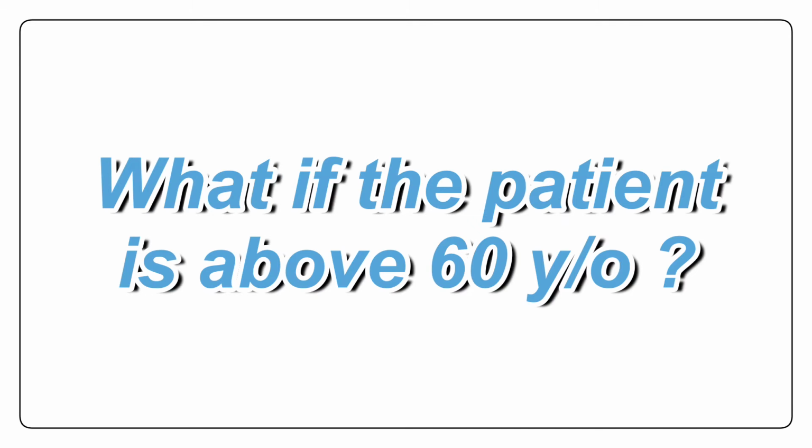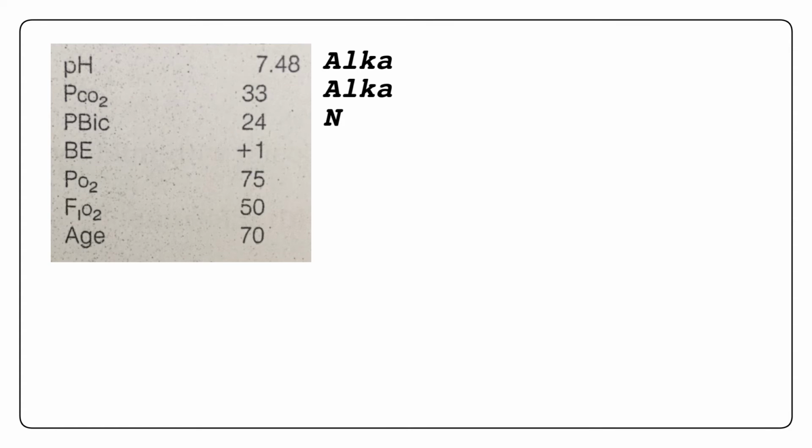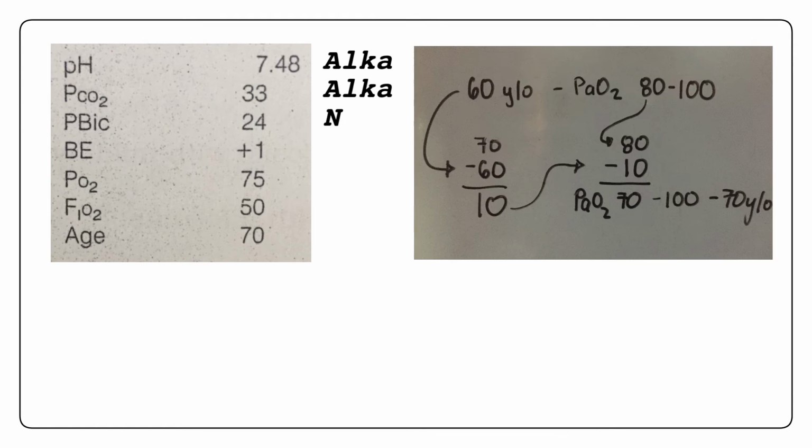Now, what if the patient is above 60 years old? Let's interpret this. A 60-year-old patient has a normal PaO2 of 80 to 100. Since the patient we have here is 70 years old, we have to subtract 70 minus 60 and it will give you 10.